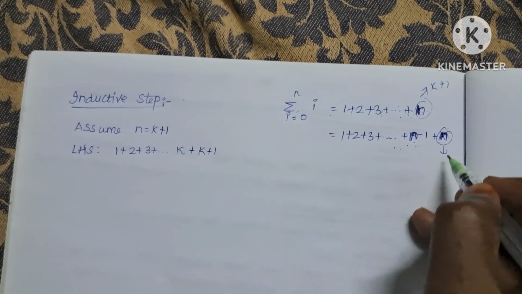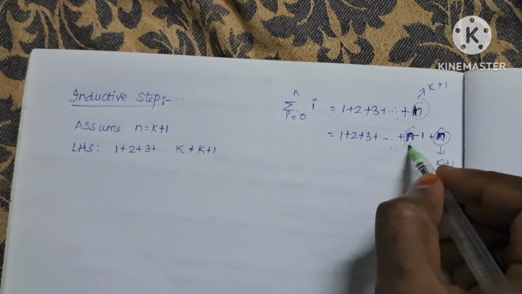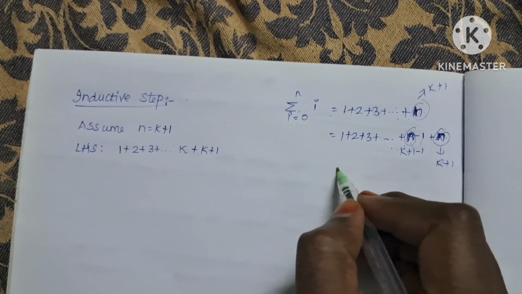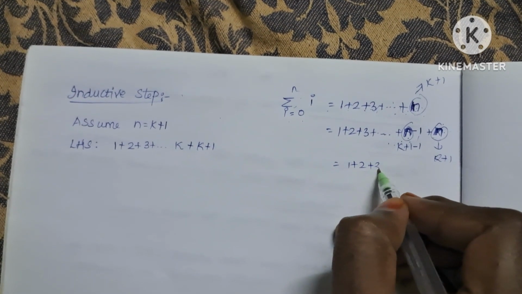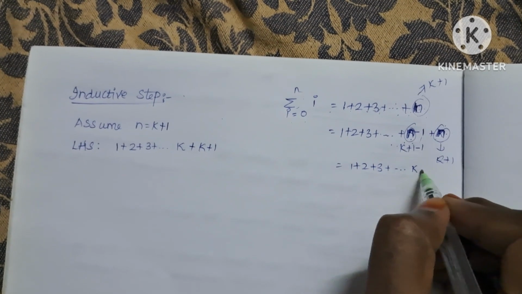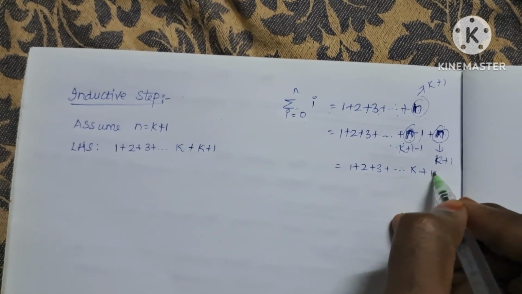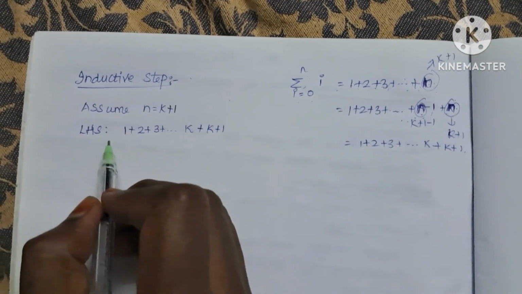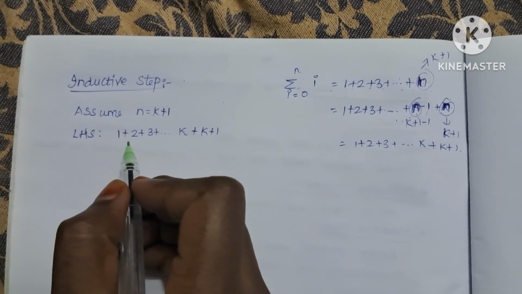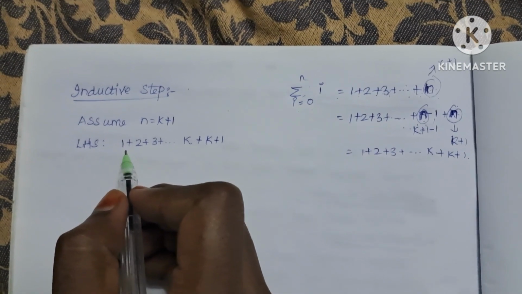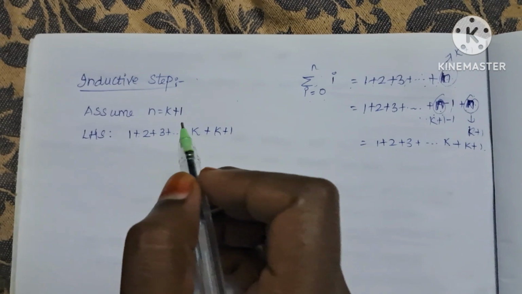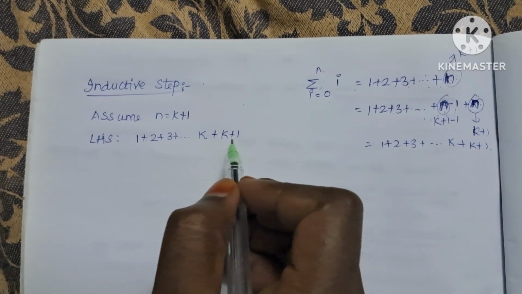And so it becomes k plus 1 and this becomes k plus 1 minus 1. So it can be written as 1 plus 2 plus 3 plus up to k plus k plus 1, right? So in left hand side we are writing as 1 plus 2 plus 3 plus up to k plus 1.